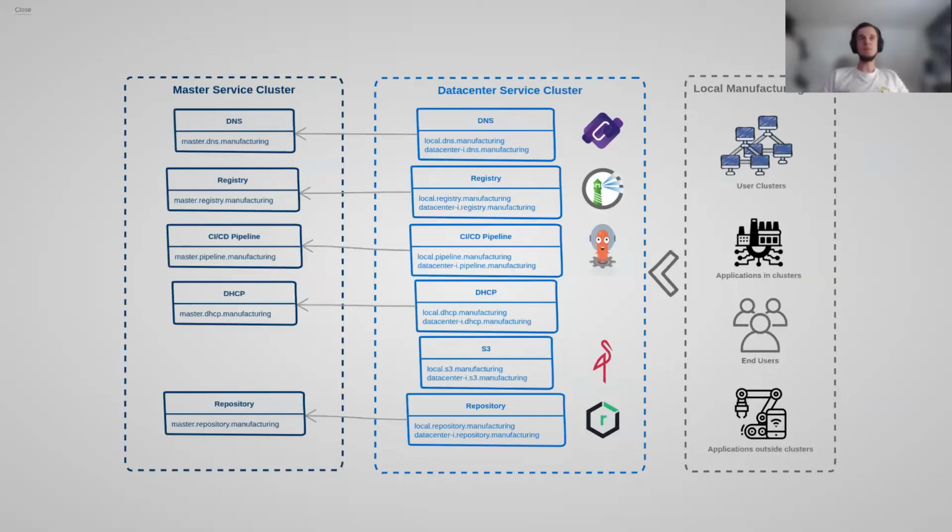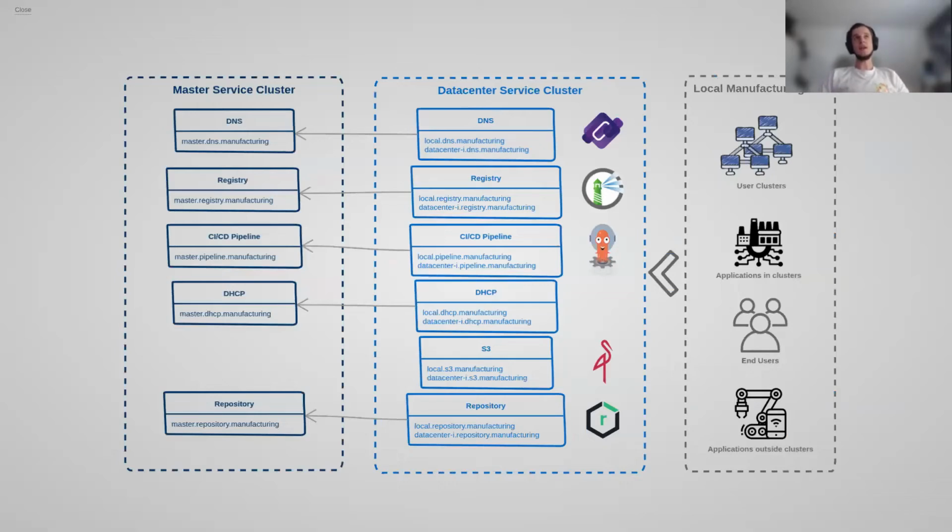But maybe some points that are not so obvious, like I need also a local registry, I need a local CI/CD pipeline, I need a local repository, and maybe I also need some local storage that I can use. And one thing that a lot of people might forget is, oh, my servers also need IP addresses. So we also need some kind of DHCP.